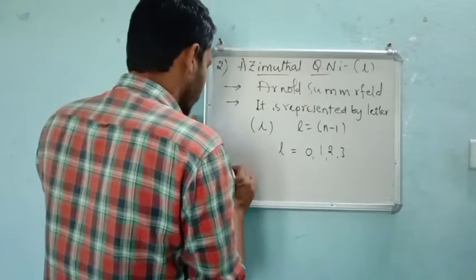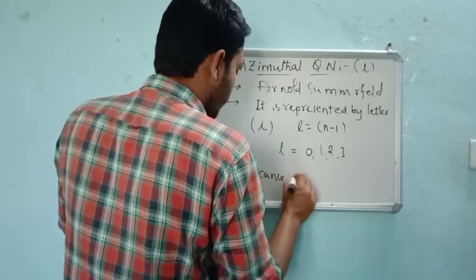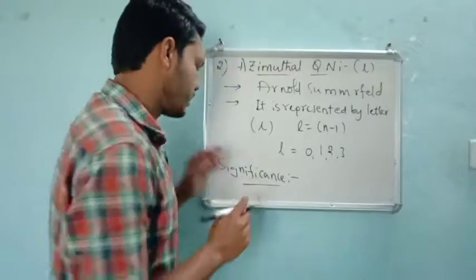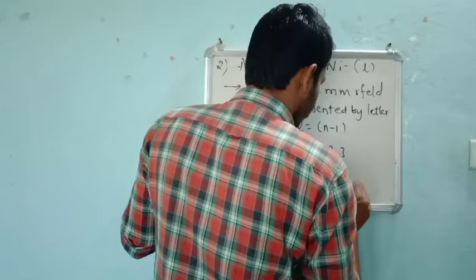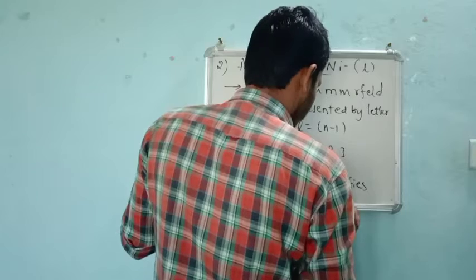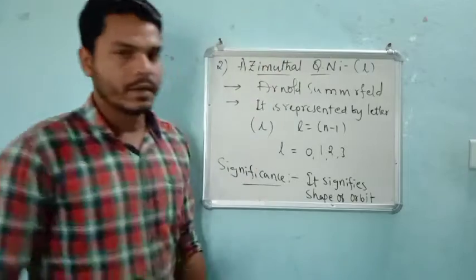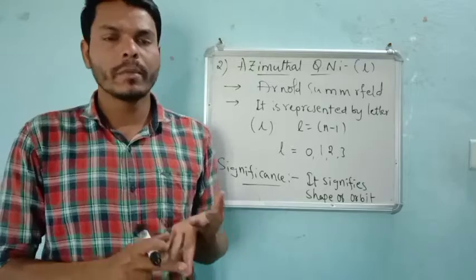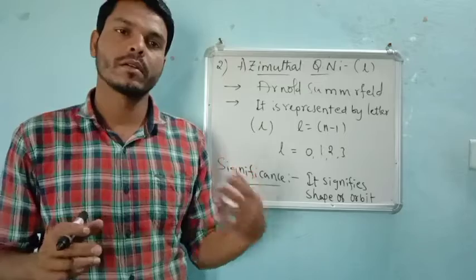So what is its significance? This is most important. It signifies the shape of the orbit, whether it is an s orbit, p orbit, or d orbit, and with respect to them, they have their particular shapes.